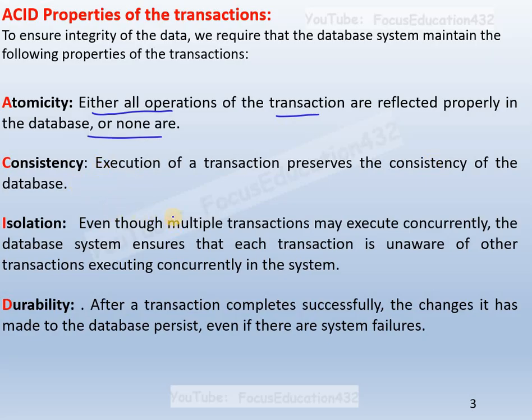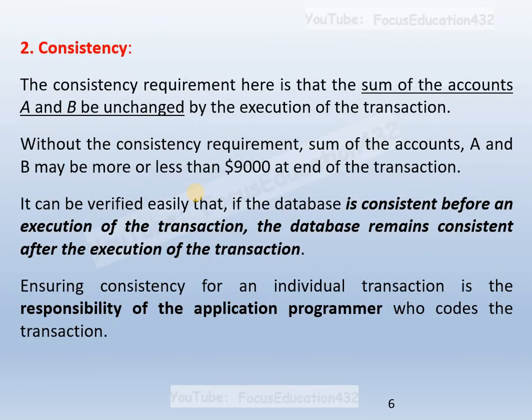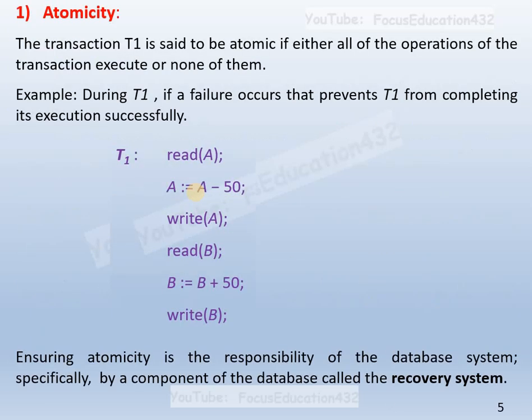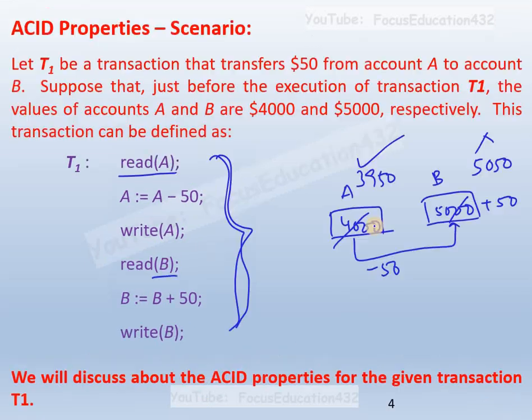Now we have consistency. Execution of a transaction preserves the consistency of the database. Suppose account A has $4,000 and account B has $5,000.